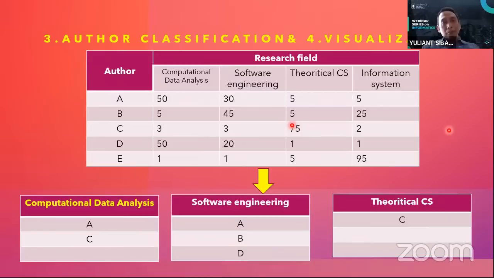And this table we obtained from the previous step, step number 2. From the table, we can make author classification. For example, we can use multi-label classification.